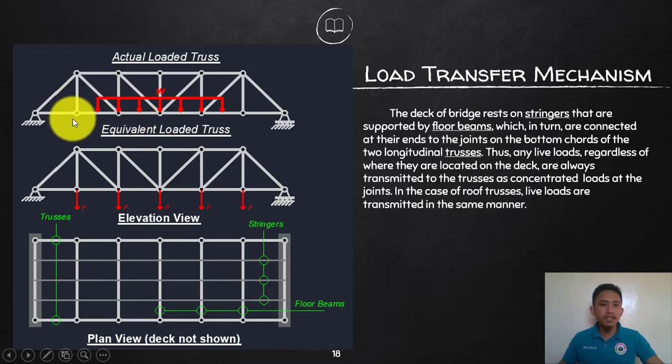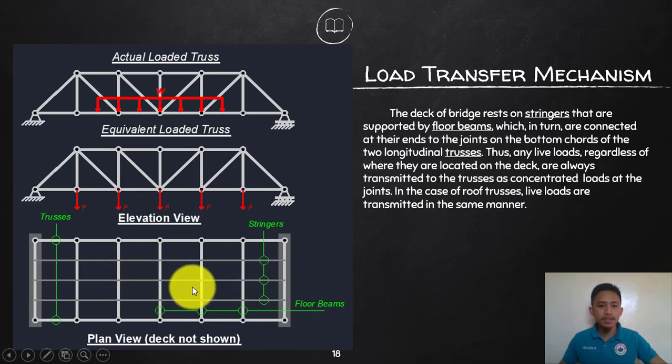So how is that possible, since our assumption in trusses is that all loads are applied on the joints? It is due to this floor system, which is arranged so that the loads are transferred to the truss at the joints. Let's say the actual load is a distributed load; it will be applied on the equivalent truss as joint loads due to this floor system.